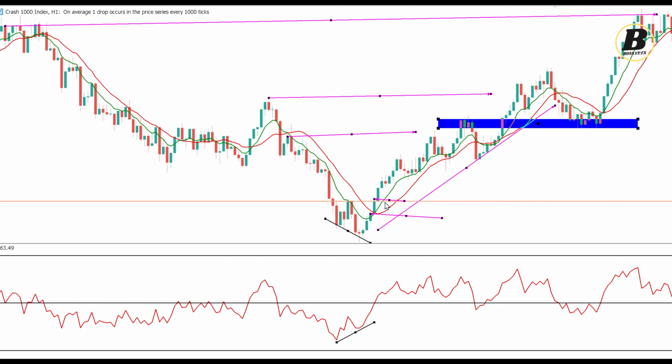This is where the two moving averages cross each other. This will be your entry point. Your stop loss will be below this low here. Keep your stop loss below this low right here, and your first take profit right here, the second take profit right here.